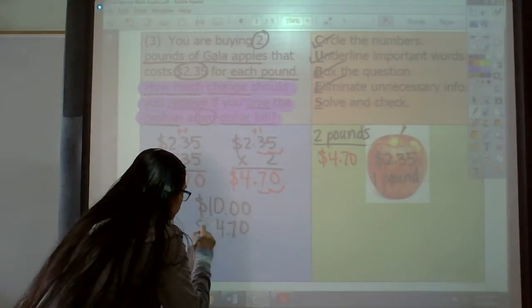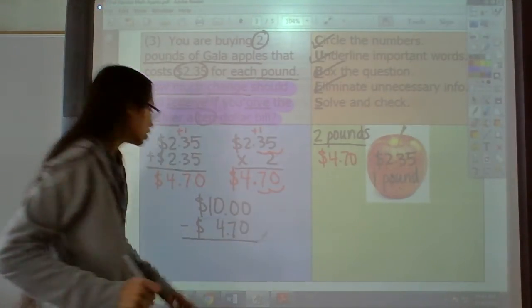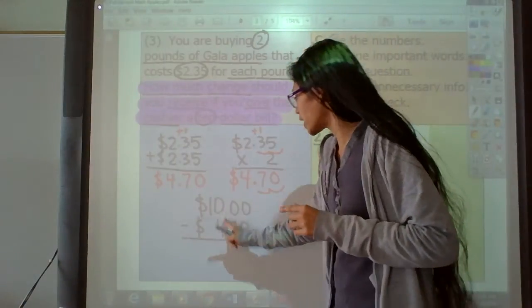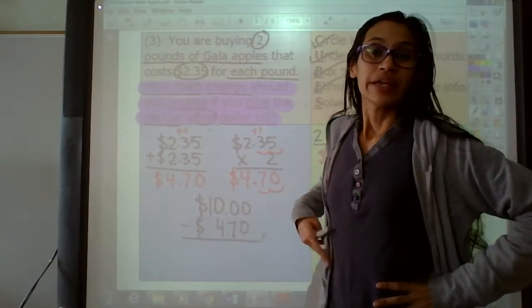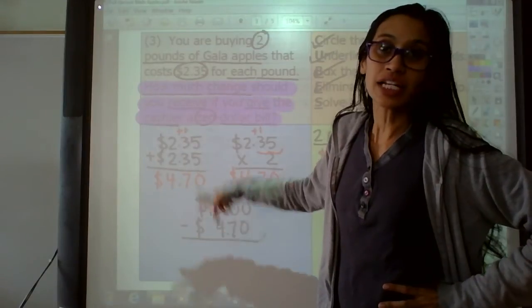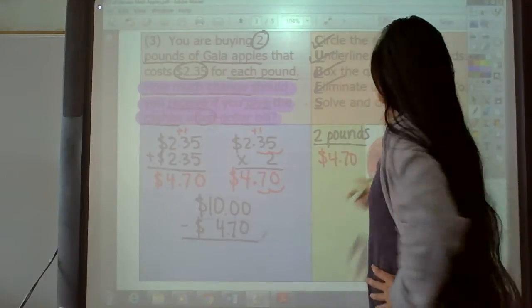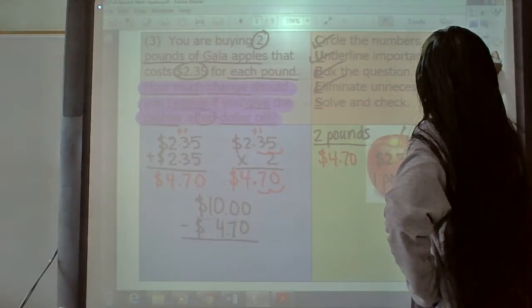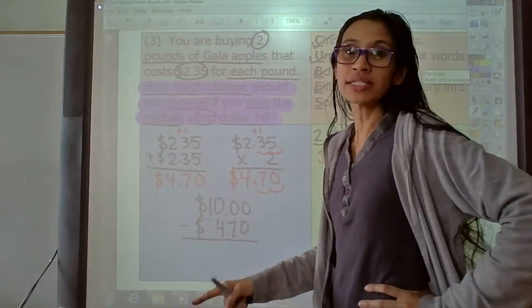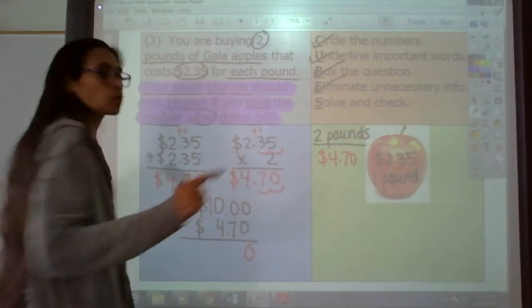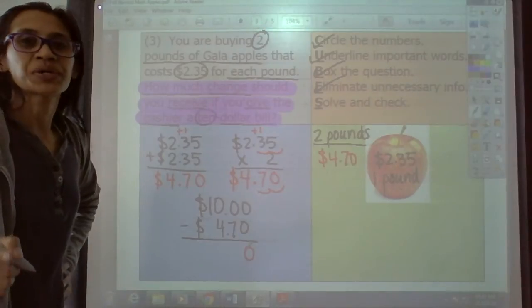$4.70. And we're subtracting. Make sure you set up your problem just like that. Look, the decimals line up straight. The digits in each place line up straight. Are we ready? Let's subtract. 0 take away 0 is 0. 0 take away 7, well, you can't do that.